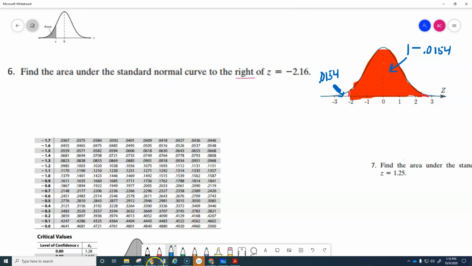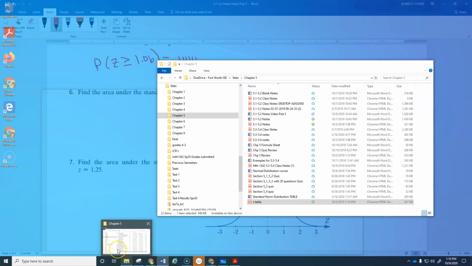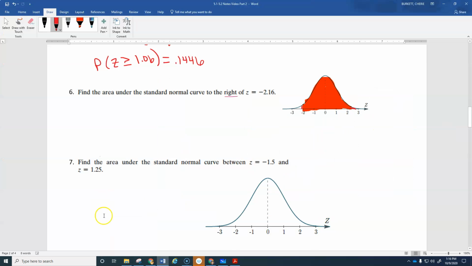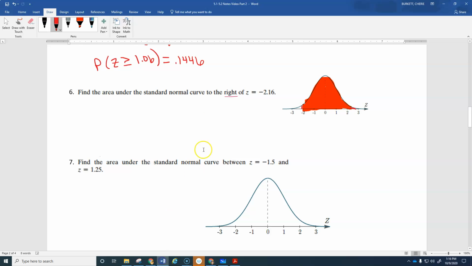And that's where we got the answer to be, what did I get the answer to be? This one right here, 0.9846.